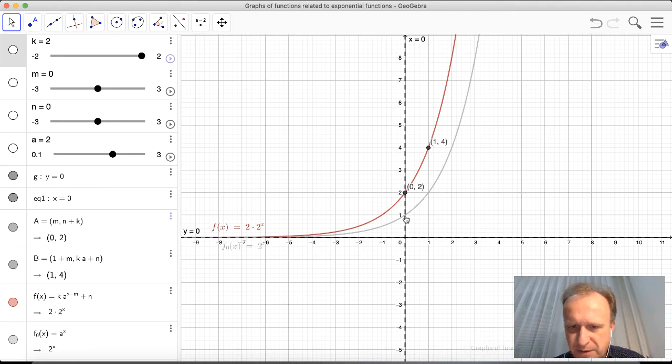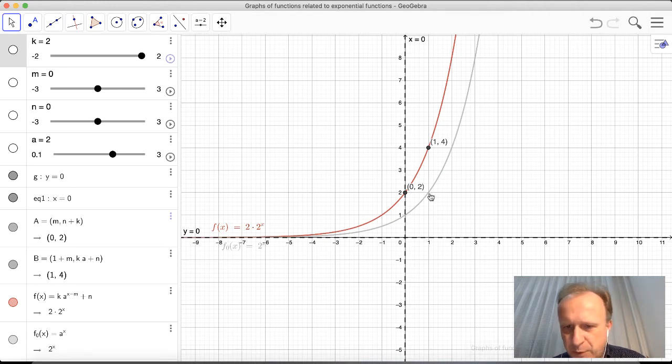This point on the gray function was the point with coordinates 0 and 1. Now this point has moved upwards to the vertical coordinate 2, so its distance from the x-axis is twice as large as the distance of the original point.